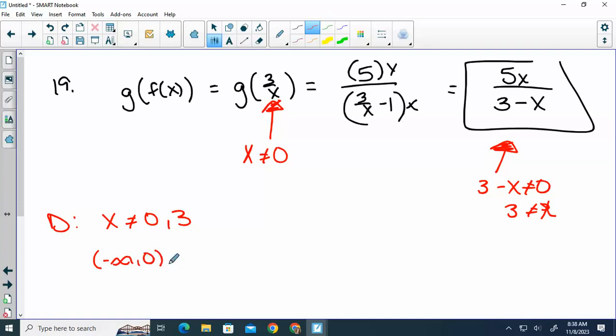Negative infinity to 0, union 0 to 3, union 3 to infinity. Those okay? Was that one okay?